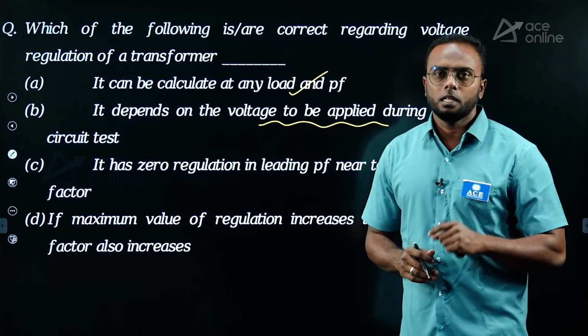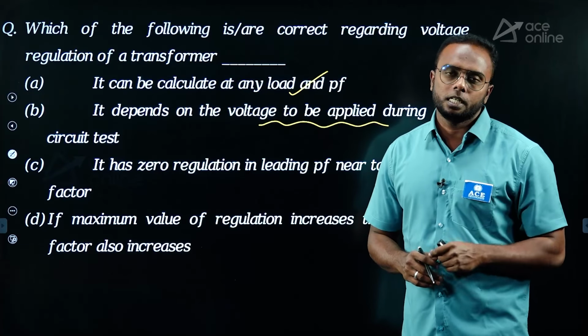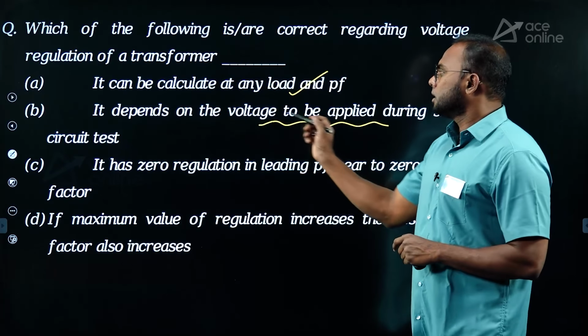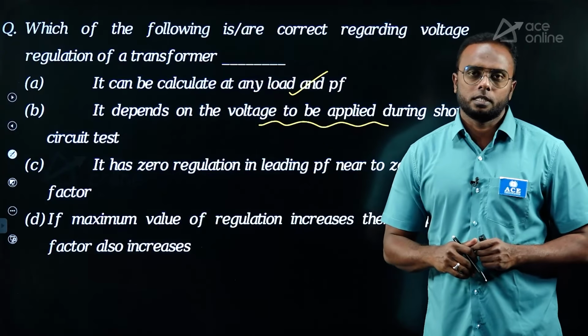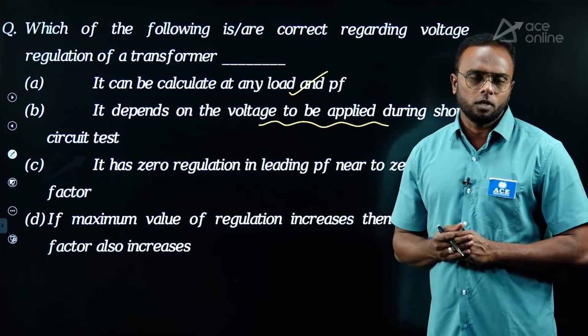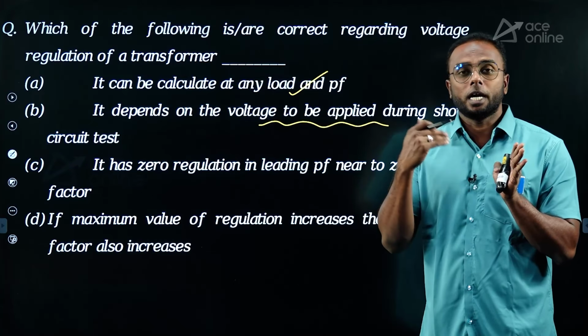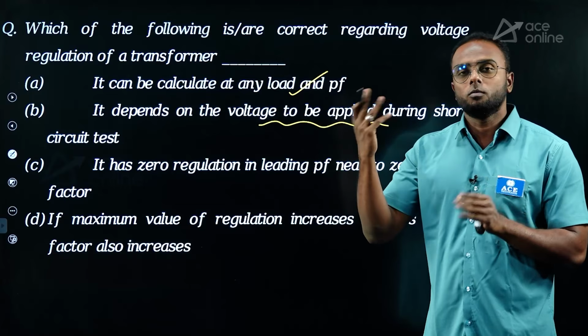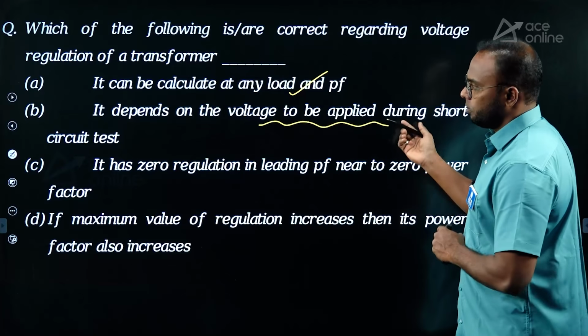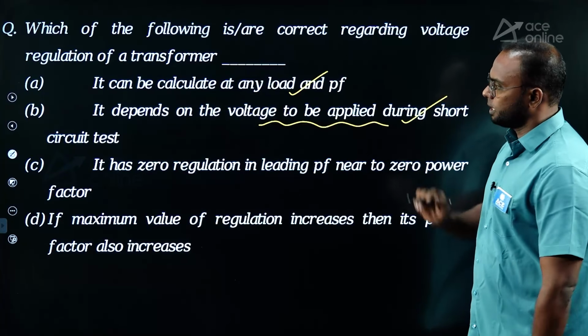For the same rated current, if voltage required is more, impedance increases. If you apply more voltage, we get more regulation. For the transformer having higher voltage at rated current, it will have more regulation. So it depends on the voltage to be applied during short circuit test.